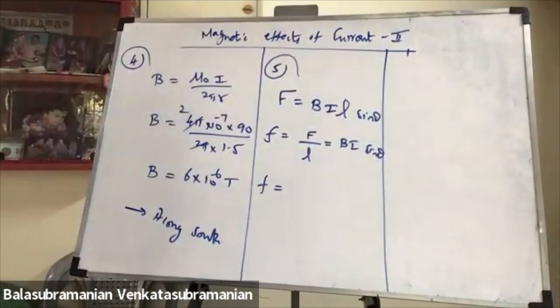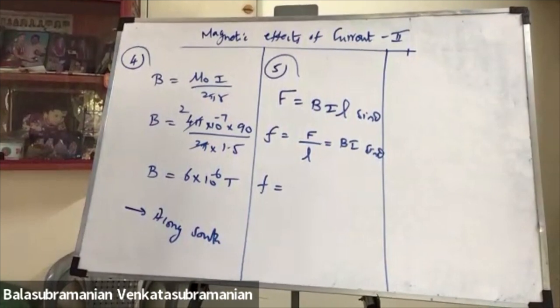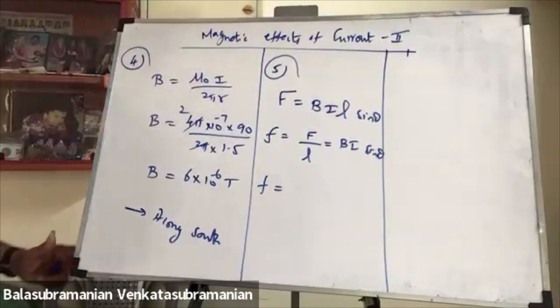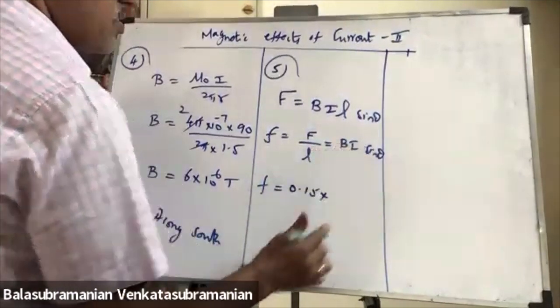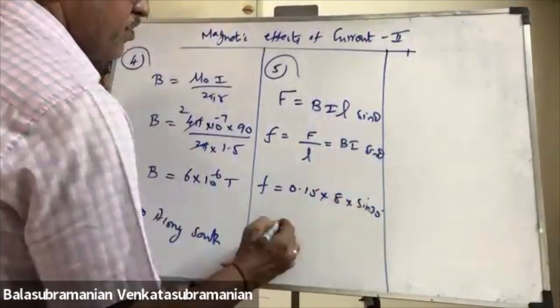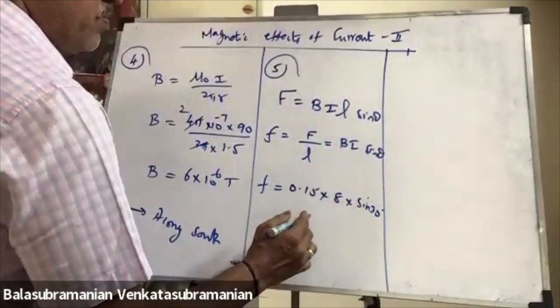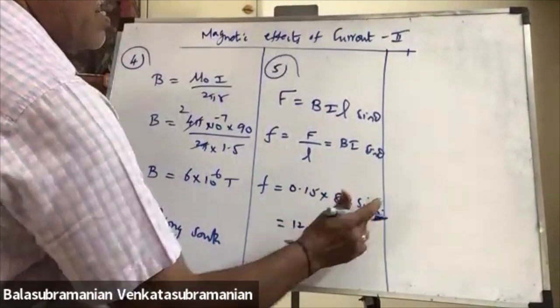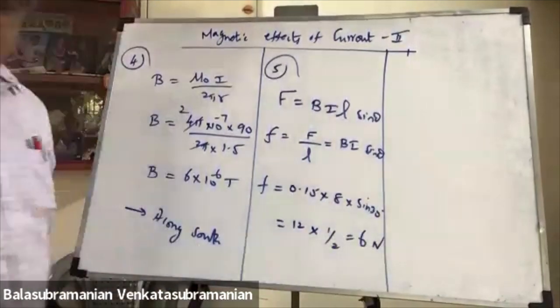Magnetic induction given is 0.15 Tesla, current is 8 ampere, theta is 30 degree. So 0.15 times 8 ampere times sin 30. 1.2 sin 30 is half. So 0.6 Newton per meter.